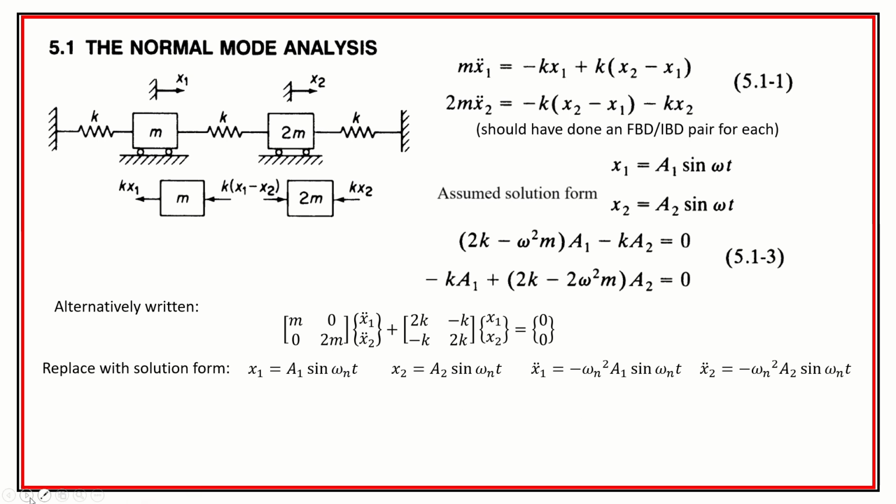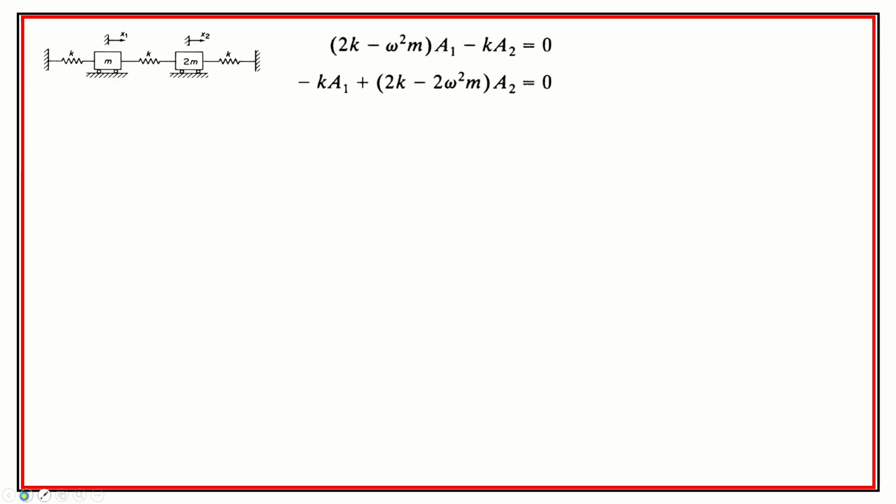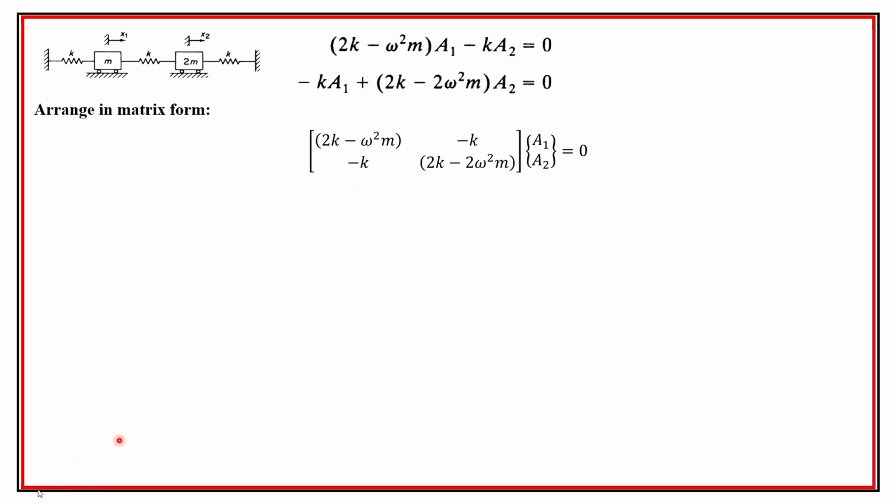And then we would substitute that in there, removing the x1 and x2 from this setup. They're all going to share the same sine of ωn t, and so we could bring that to the outside. So we will do that into the next setup right here. You'll see we get this into matrix form.